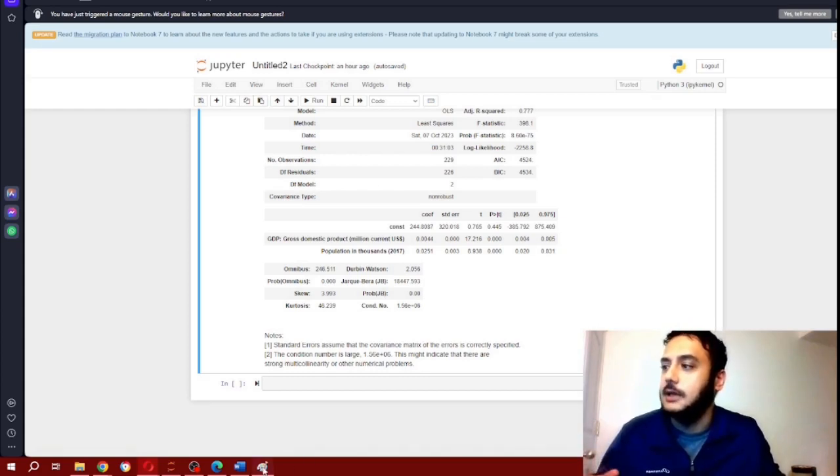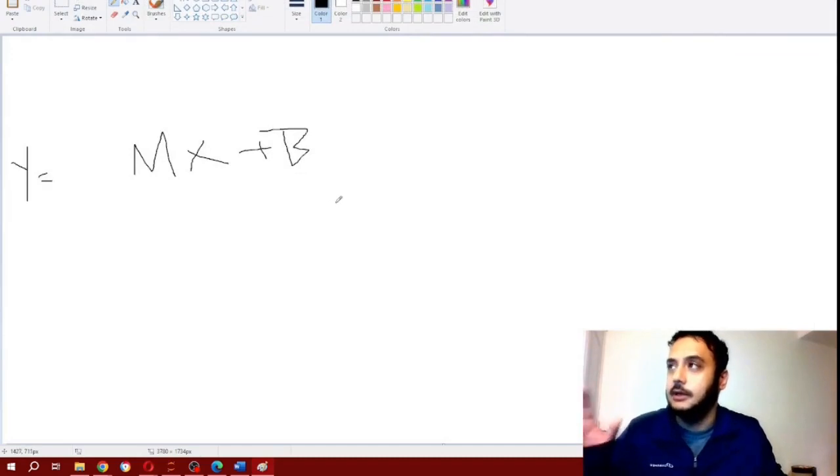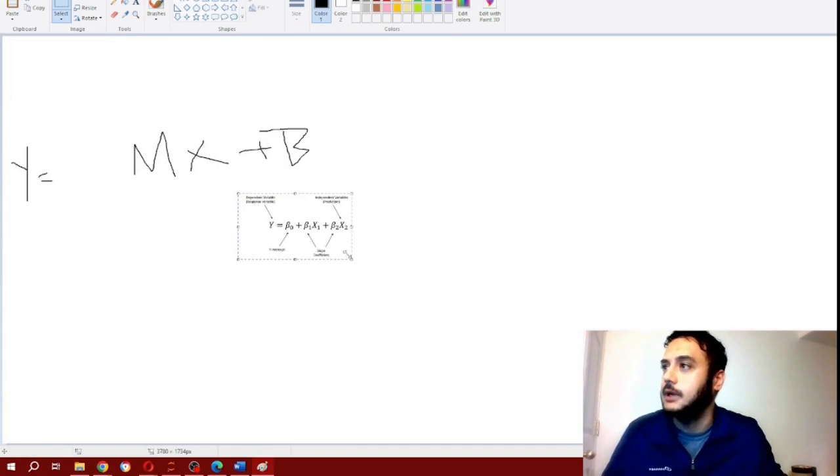So first things first, this is the equation or formula for the multiple linear regression, which is this one right here.